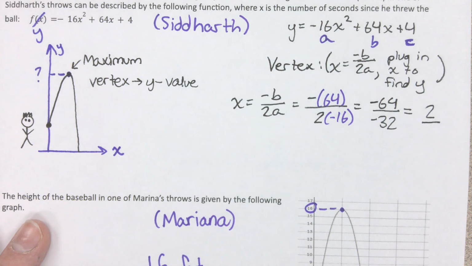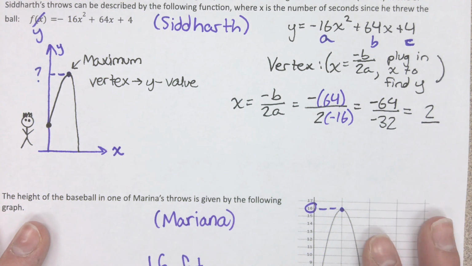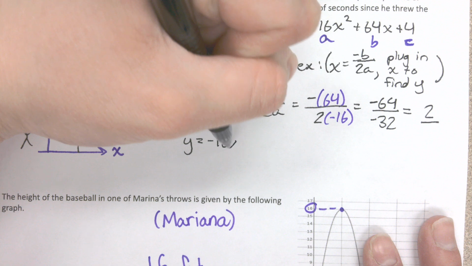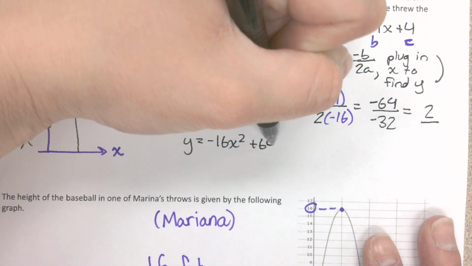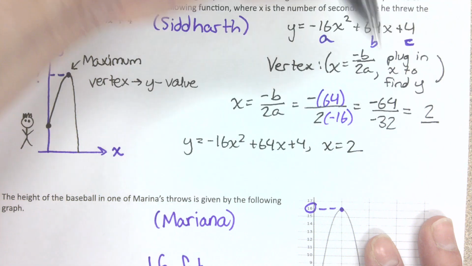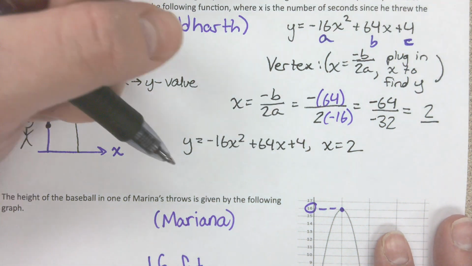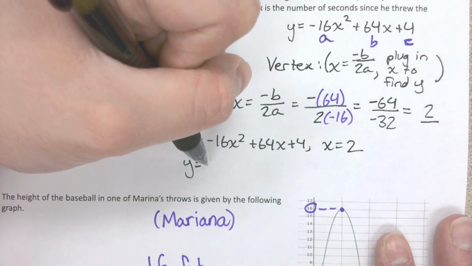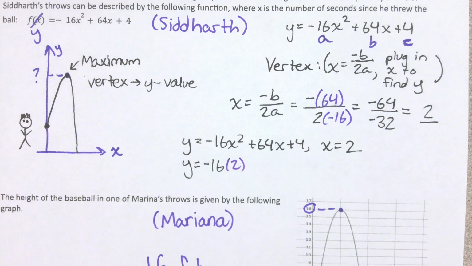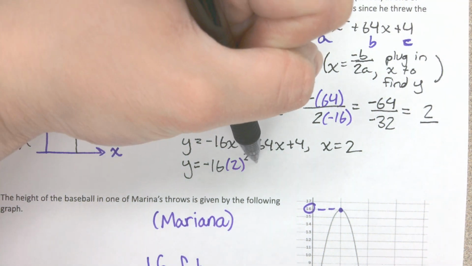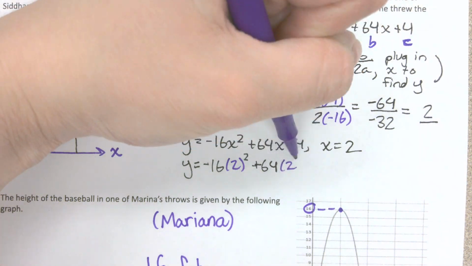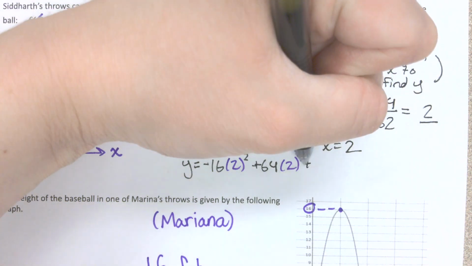Reminder, the goal here is to find the y value, so we're not done. Our equation is y equals negative 16x squared plus 64x plus 4. And we now know that x is 2. So I'm going to plug in 2 for x. Y equals negative 16 times 2 squared plus 64 times 2 plus 4.